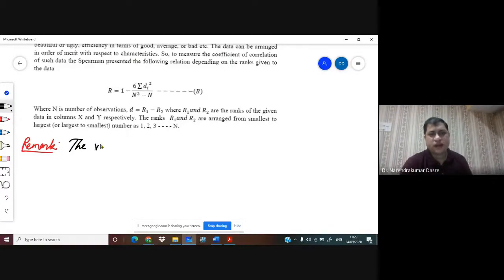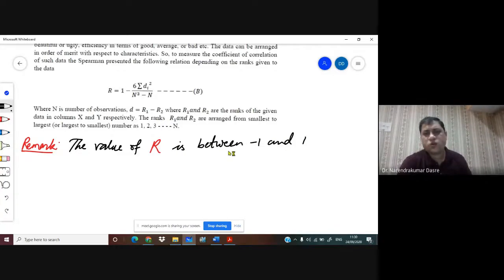The value of capital R is between -1 and 1. That is, -1 is less than or equal to capital R, which is less than or equal to 1.